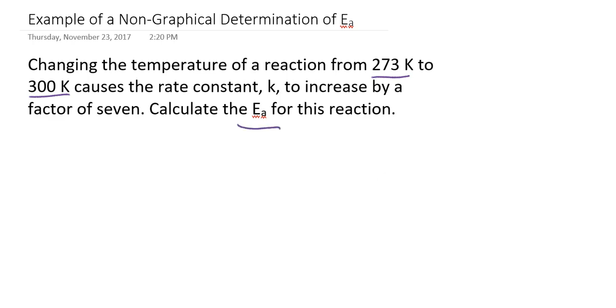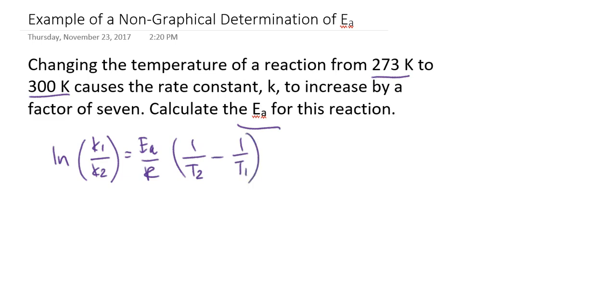So I'm expected to calculate the activation energy for this reaction. So I would use the equation that I just derived: natural log of k1 over k2 is equal to Ea over R times 1 over T2 minus 1 over T1.